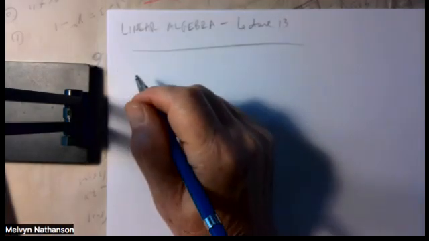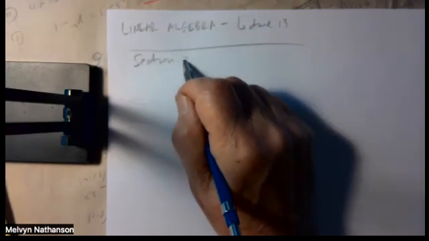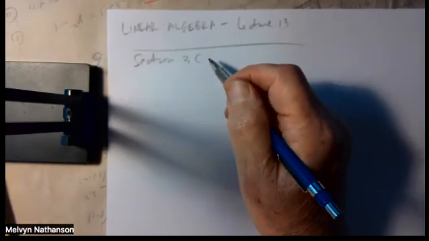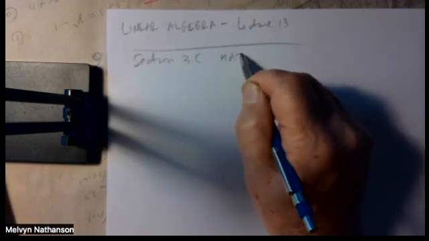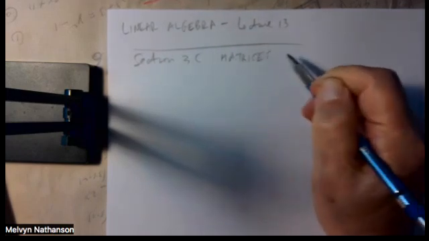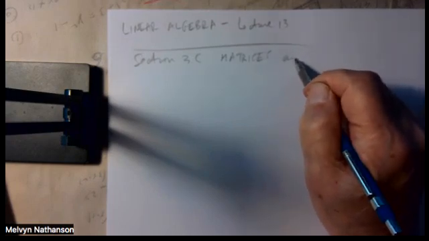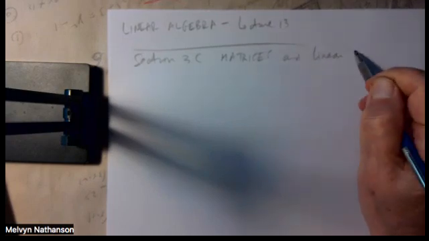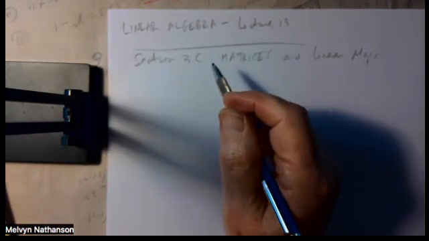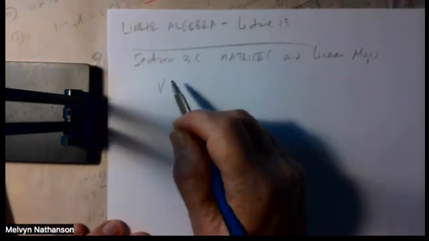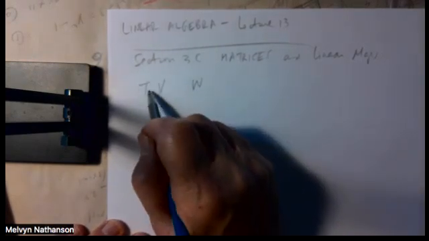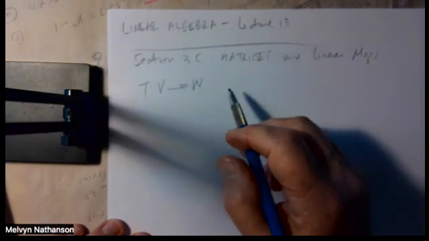Okay, let's start. What I'm talking about today is section 3C on matrices, and the connection between matrices and linear maps. So we have a vector space V and a vector space W, and T from V to W is linear.